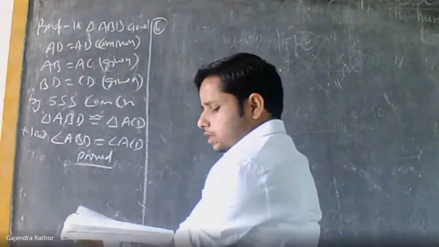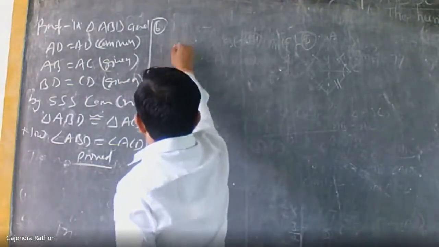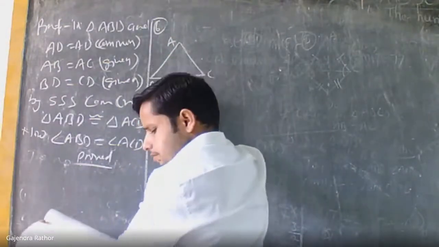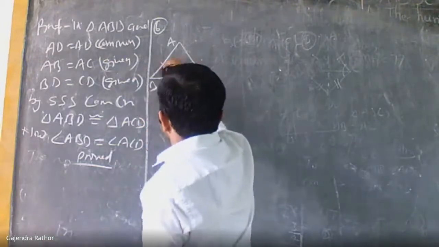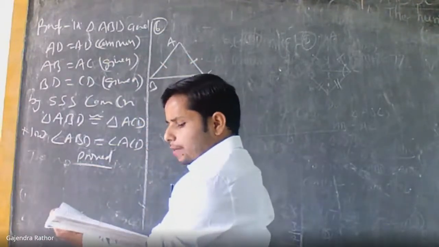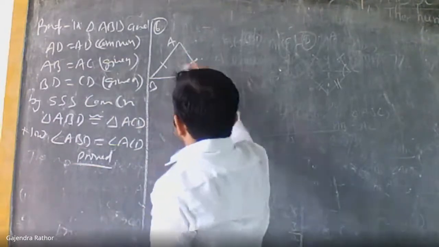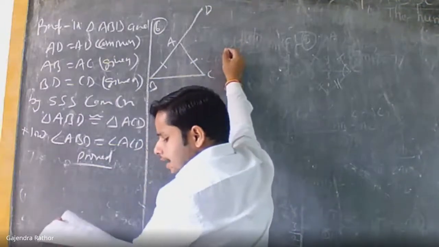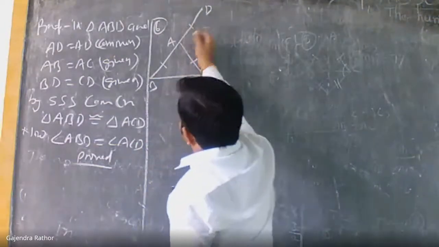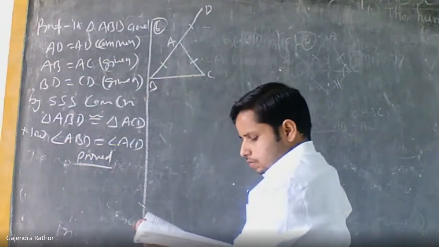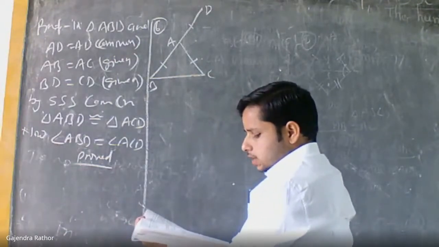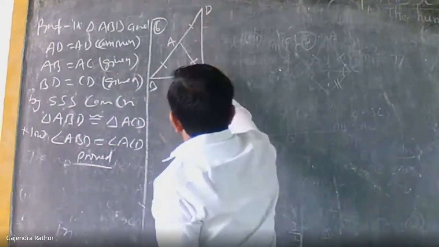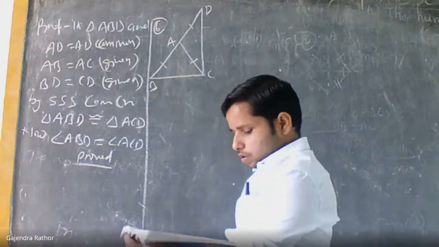ABC is an isosceles triangle in which AB is equal to AC. Side BA is produced to D such that AD is equal to AB, so that angle BCD is a right angle. Okay, join D to C. First, given.